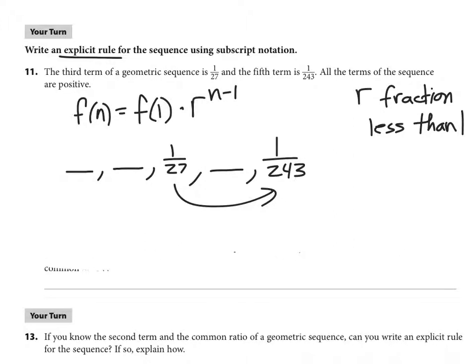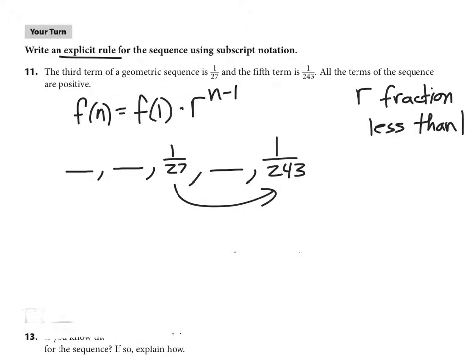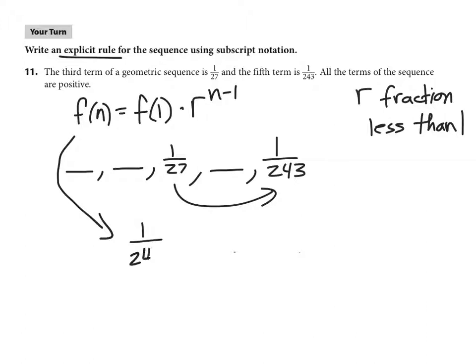So how can I find r? Again, there are multiple ways to think about it, but what I'm going to do is use that explicit formula. I'm not going to do it in subscript notation yet because I don't want to confuse you. I know term number 5 is 1 over 243.